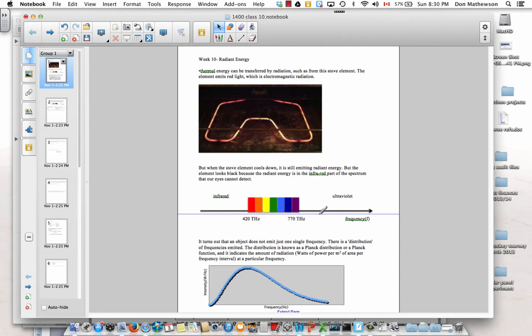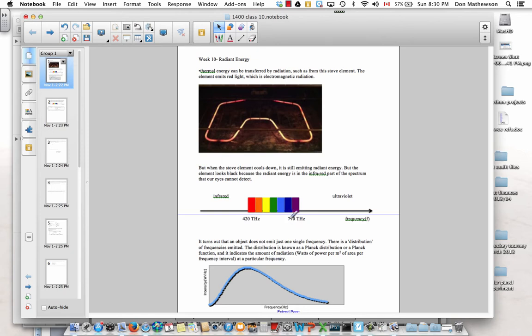So we've got 500 terahertz, and this coefficient of proportionality is 58.79 gigahertz per Kelvin.